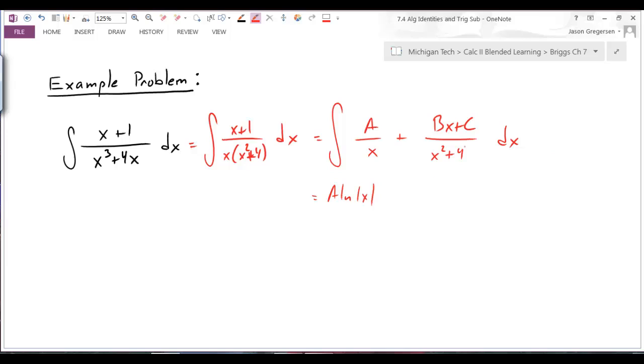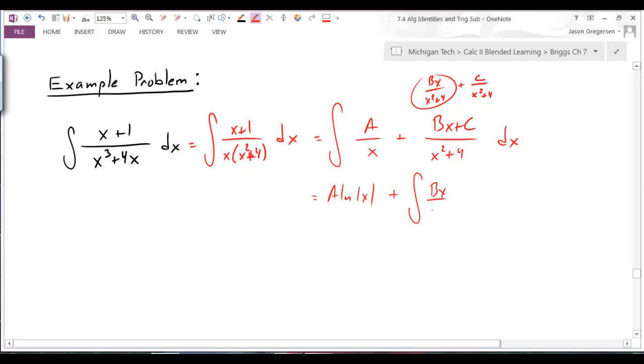Because if I write this like Bx over x squared plus 4 plus C over x squared plus 4, I can do this one with just substitution. So that's actually what I would do. I would say plus the integral of Bx over x squared plus 4 plus the integral of C over x squared plus 4 dx.